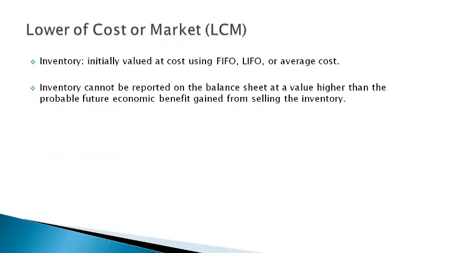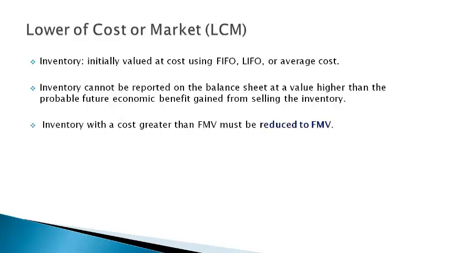Inventory is initially valued at cost using FIFO, LIFO, or average cost. Then, lower of cost or market is applied to make sure that inventory is reported at an amount that does not exceed probable future economic benefit. If the cost of inventory is higher than the fair market value, the inventory must be reduced to fair market value.